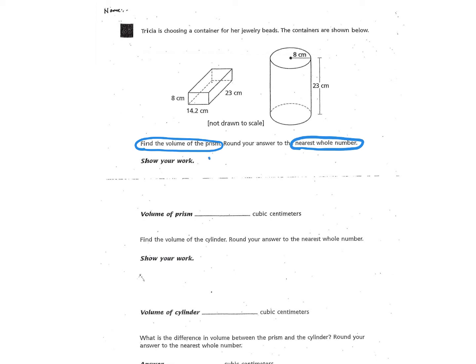So for the prism, we will use volume equals length times width times height. You need to show your work, and you need to round to the nearest whole unit.